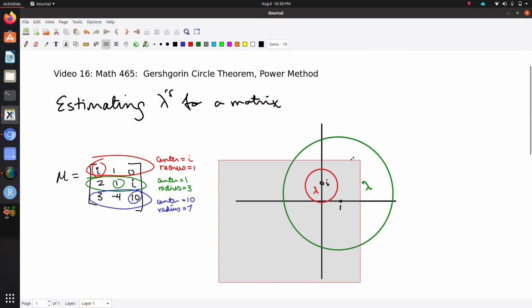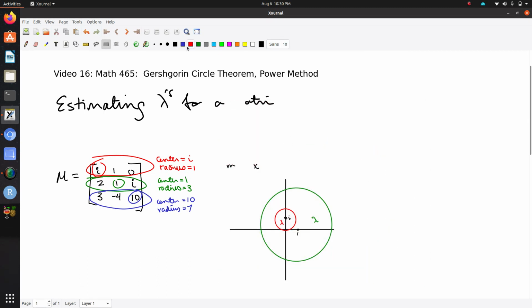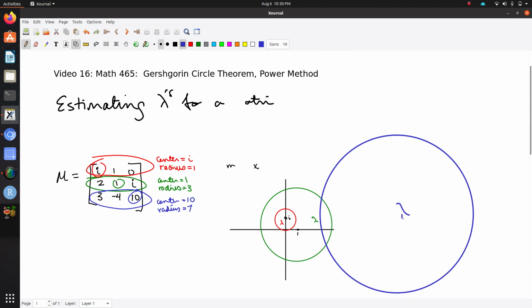Well, I don't know. I'm going to go with this. Let's see, 10 is over here. Radius is going to be something like that. Okay, it's going to be another lambda over here. So there's some overlap region between the green and the blue circle, but essentially what you get is 1 lambda per circle.